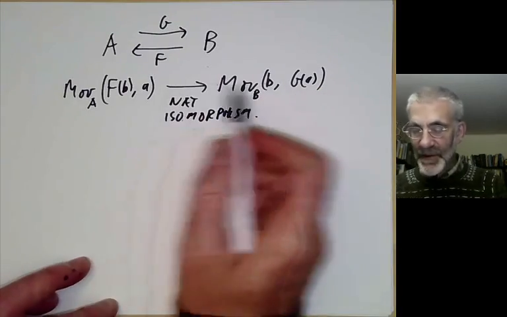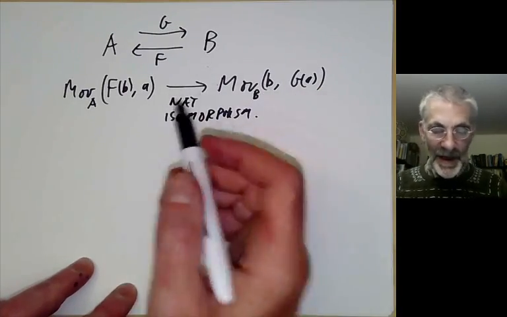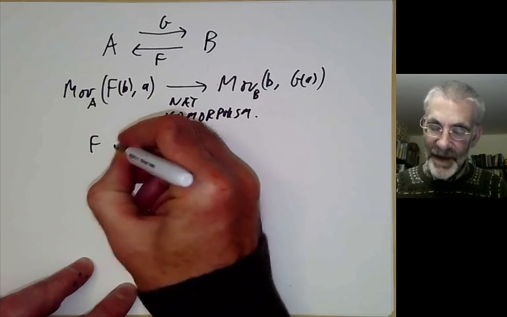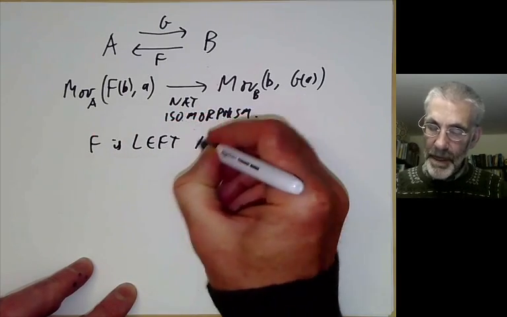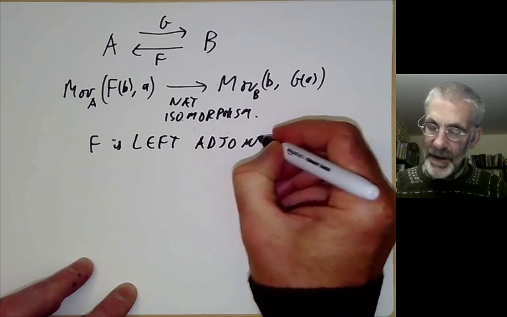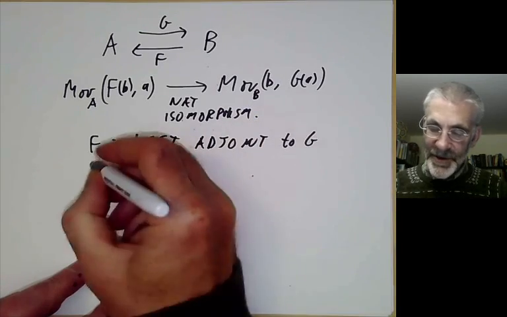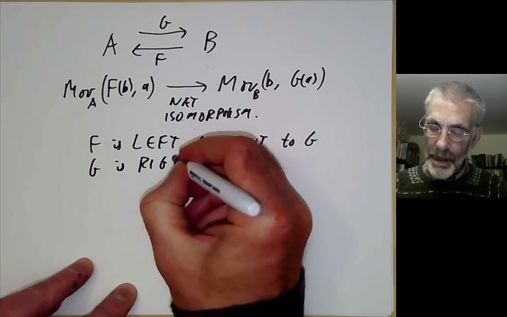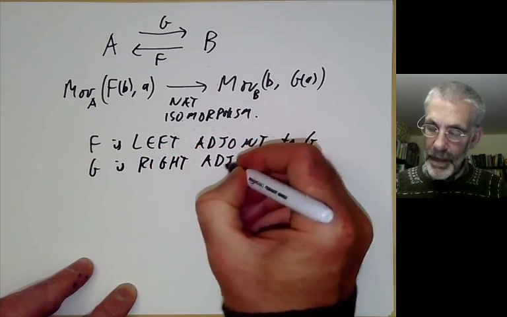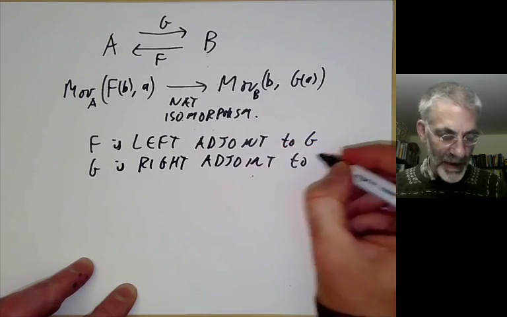If we're given a natural isomorphism like that, which I'll explain in a moment, then we say F is left adjoint to G, and G is right adjoint to F.